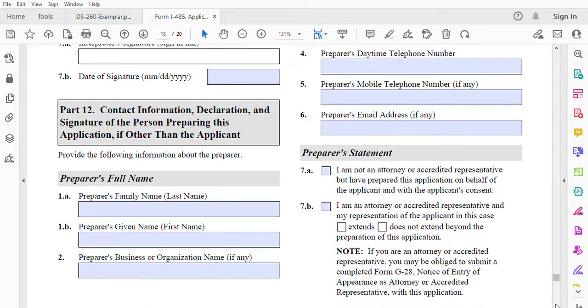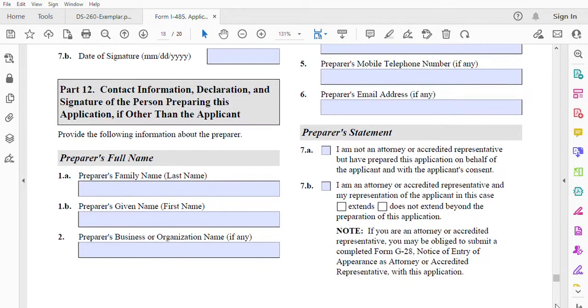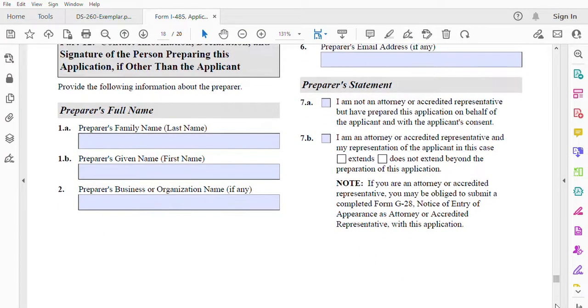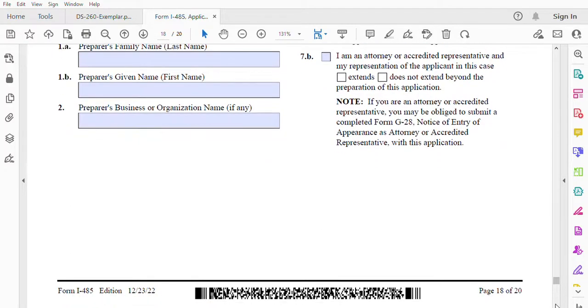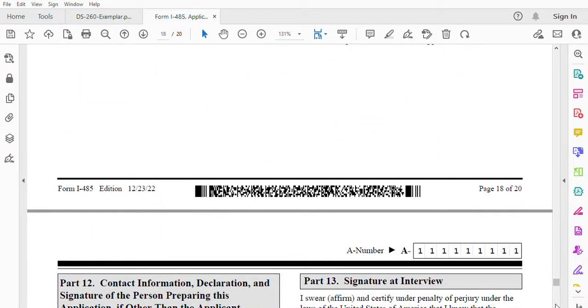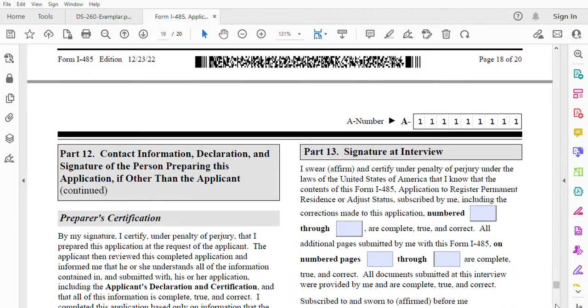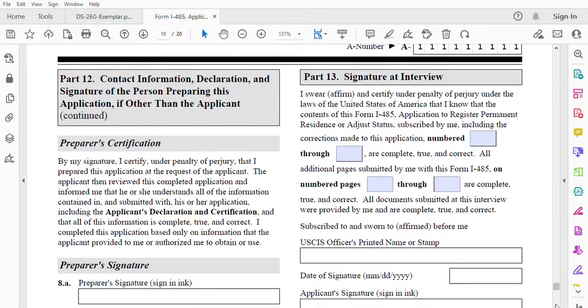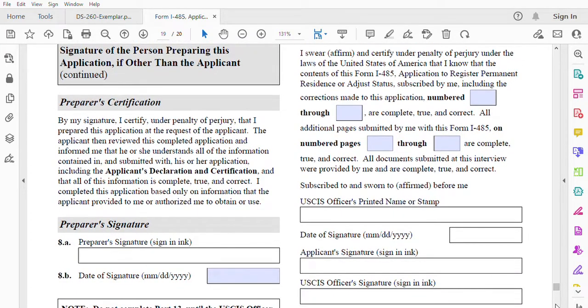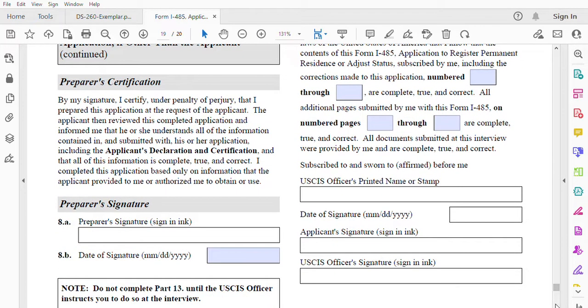For the preparer statement, he's going to apply the one that applies to him or her. We're still talking about signature at interview. Preparer certification, preparer signature. Do not complete Part 13 until the USCIS officer instructs you to do so at the interview. So Part 13, when you have your interview, you will answer this Part 13.